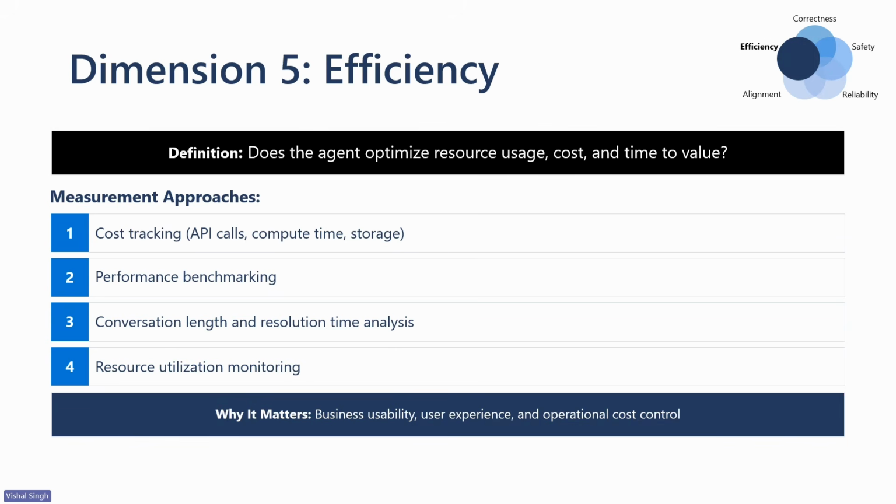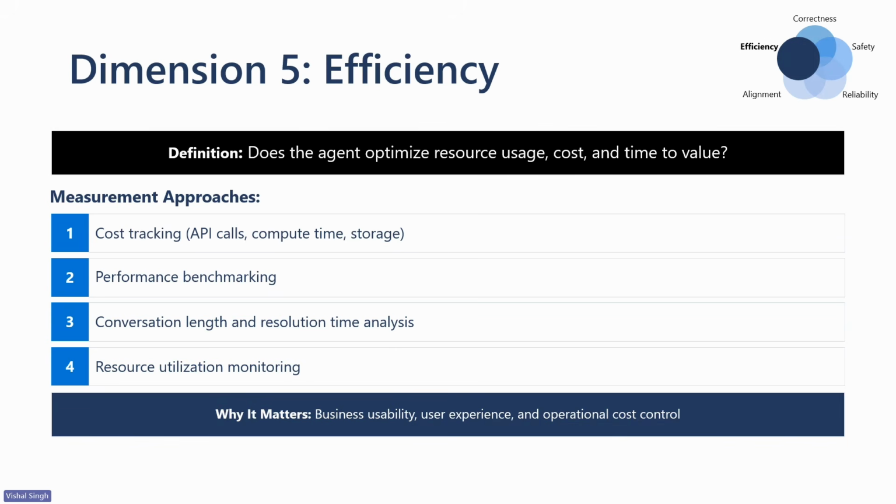Cost tracking. The most crucial factor that comes into play in this category is the cost invested in the API calls, the compute time, the storage, and all the resources required to host the agent. In performance benchmarking, we ensure the performance is maintained per task: how long the agent takes to complete each step is really relevant here.